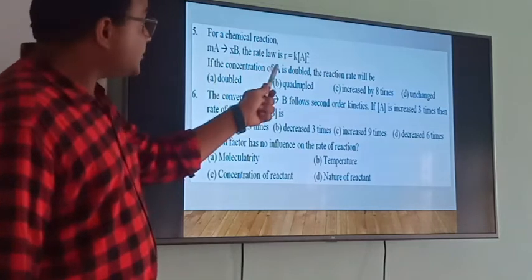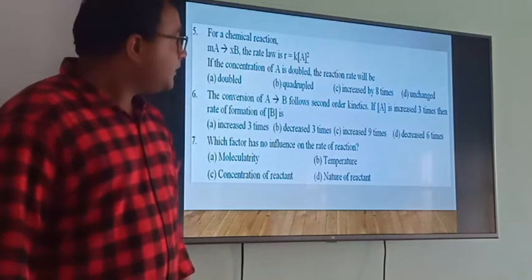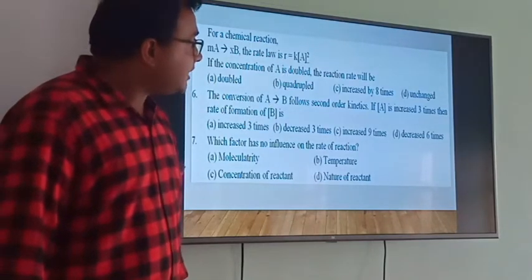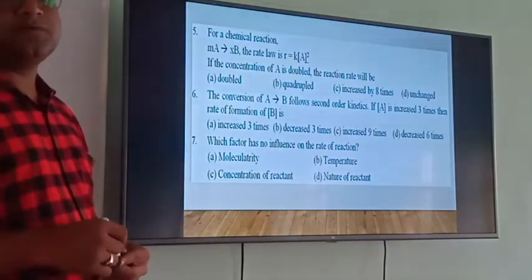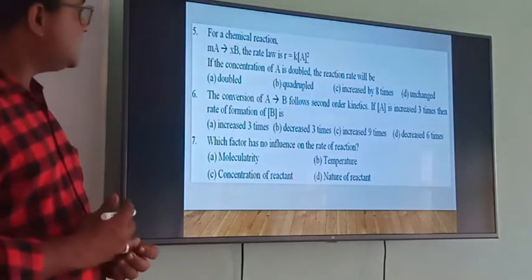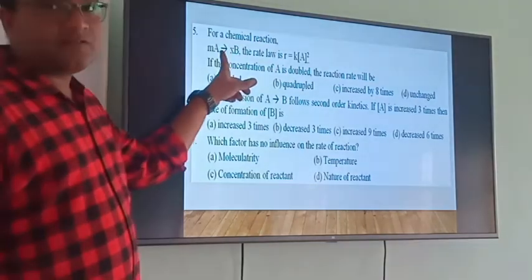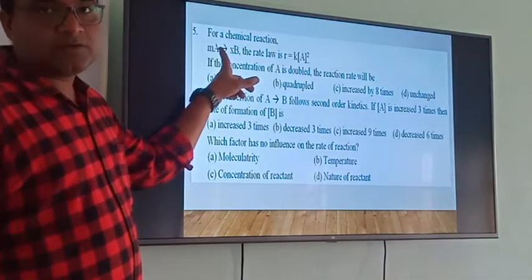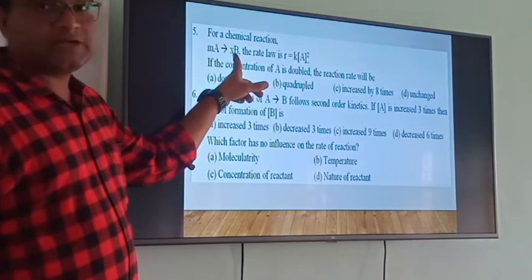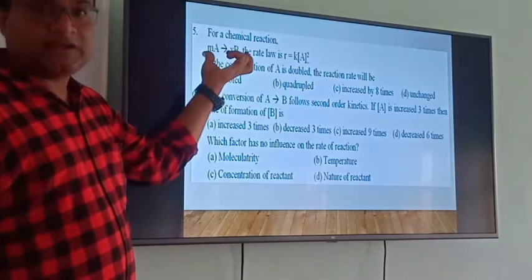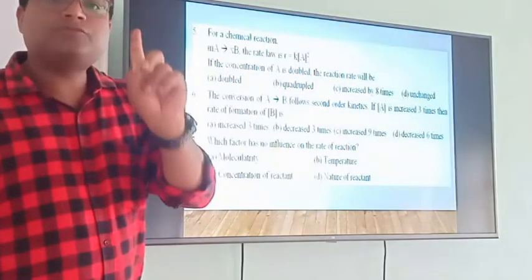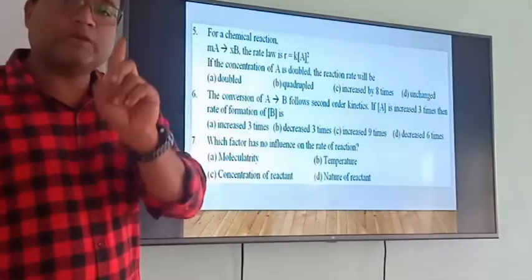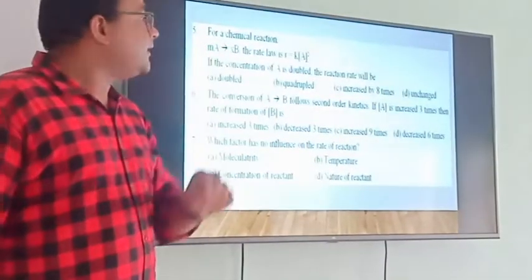If the concentration of A is doubled, what will the reaction rate be? It is a very simple, straightforward, very basic question. First of all, don't go for this type of reaction because nothing is mentioned. It is just a dummy step given, where you only have to choose the rate law.